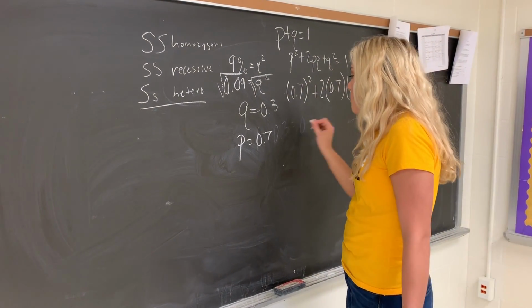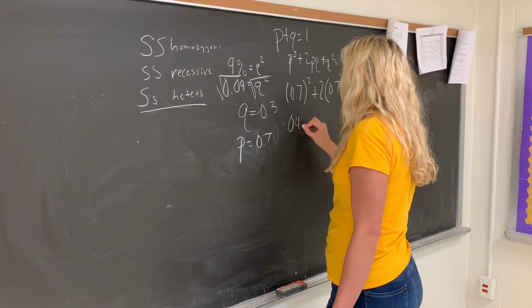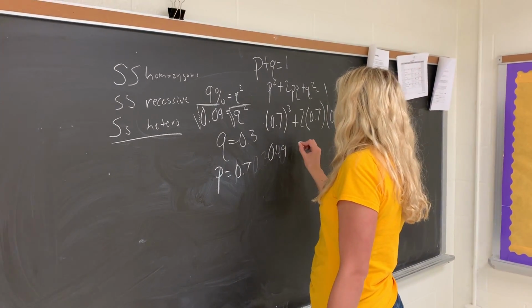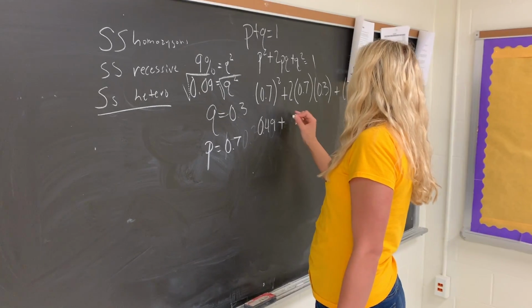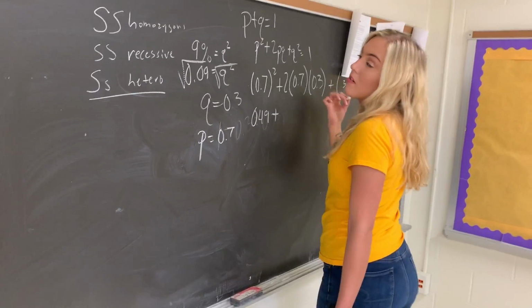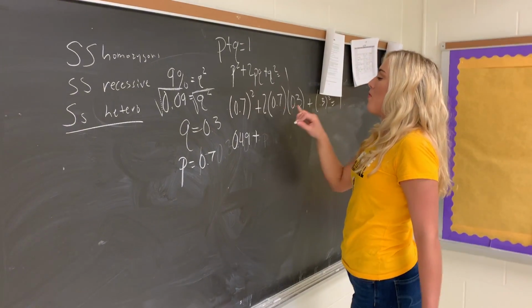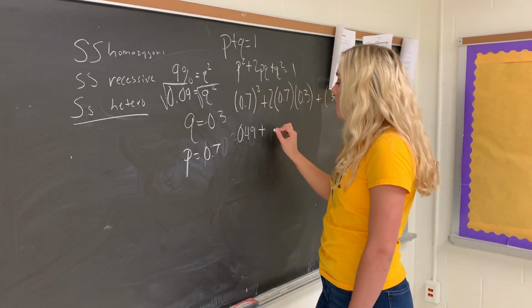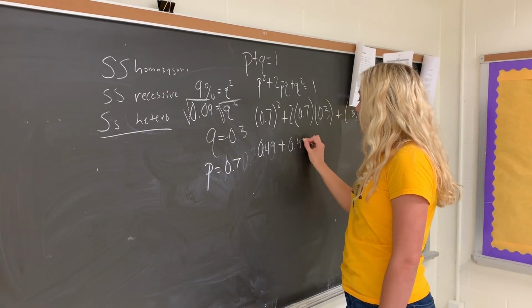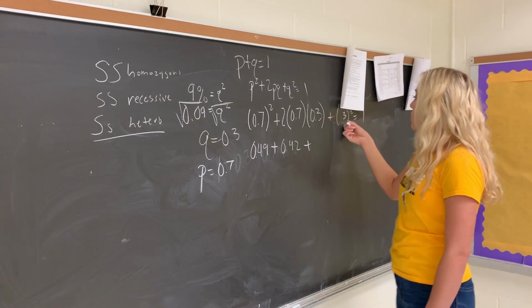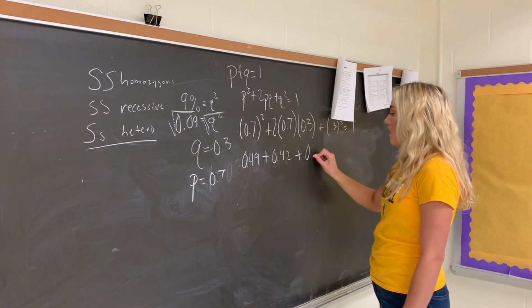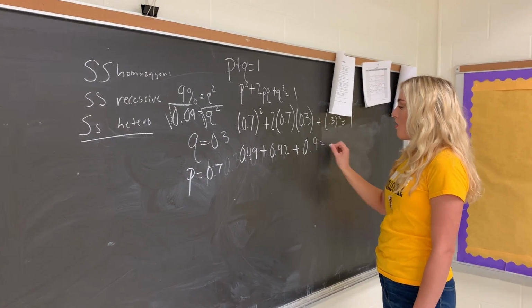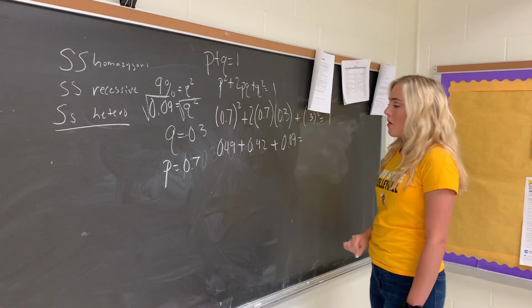So 0.7 squared is 0.49, plus 2 times 0.21, which is 0.42, plus 0.3 squared is 0.09, my bad.